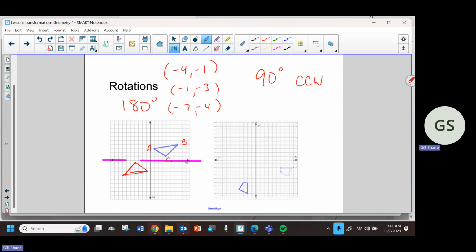Look at the clock. Clockwise follows the red hand. Counterclockwise goes in the opposite direction. Counterclockwise then is that direction. That's counterclockwise right there. So if you don't understand that, I don't know how you're going to do the rest.